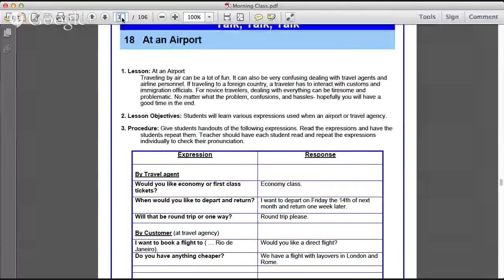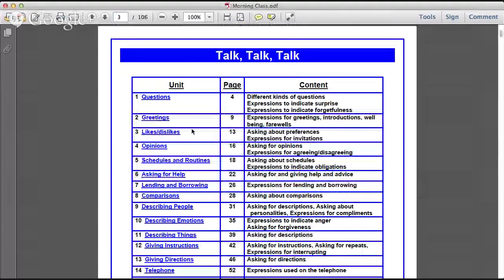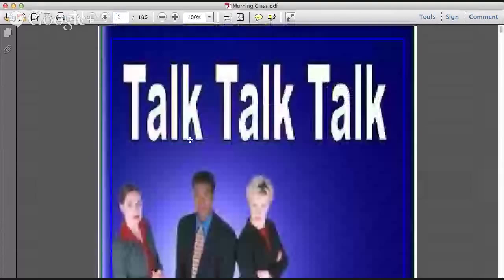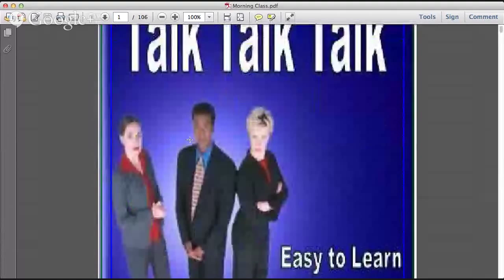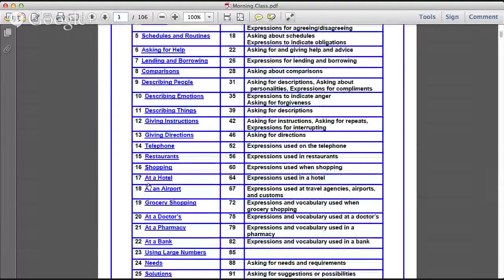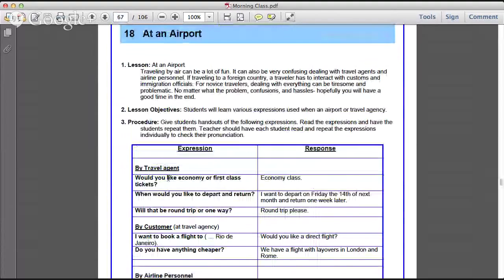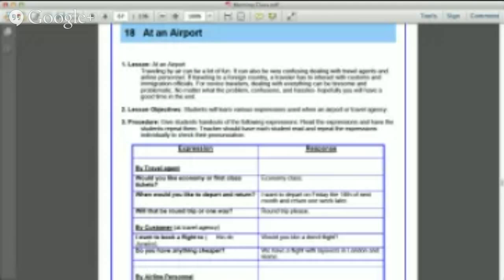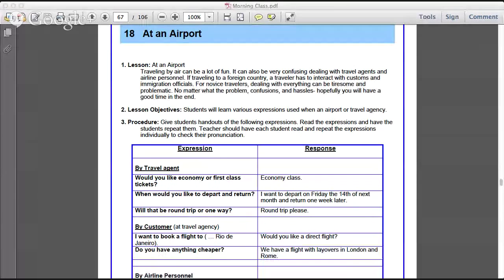We've gone through most everything already. When you get to the book, this is what it looks like at the very beginning. Just scroll down. You want to go to page 3, and then scroll down here to chapter 18. Click on that, and it'll take you right to the page. All right. So we'll see if we get anybody here in class. If not, then I'll end things and we'll go from there.